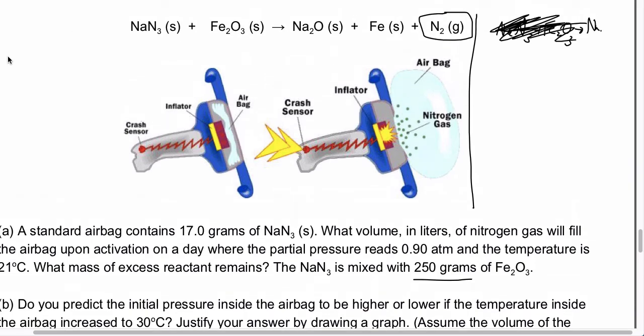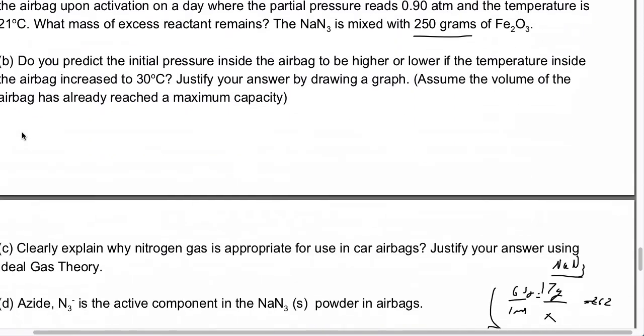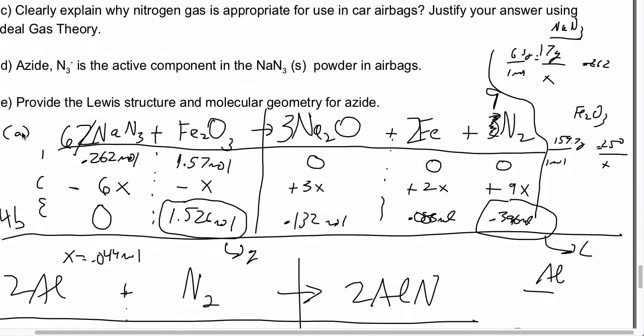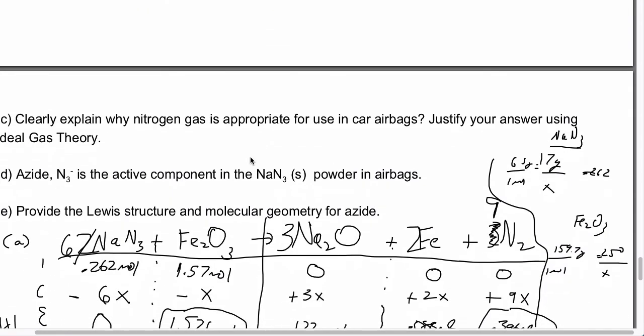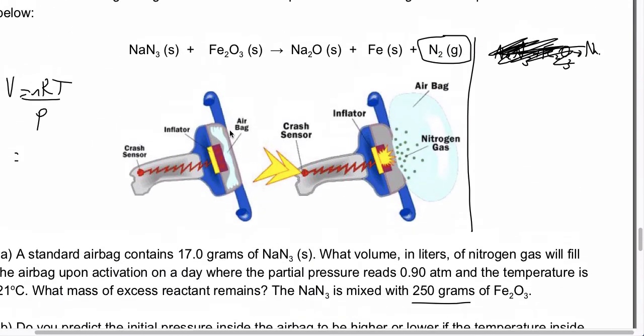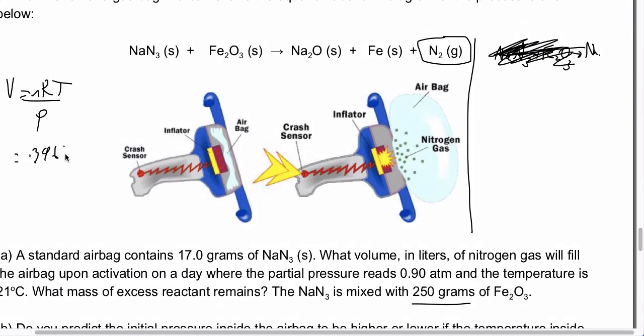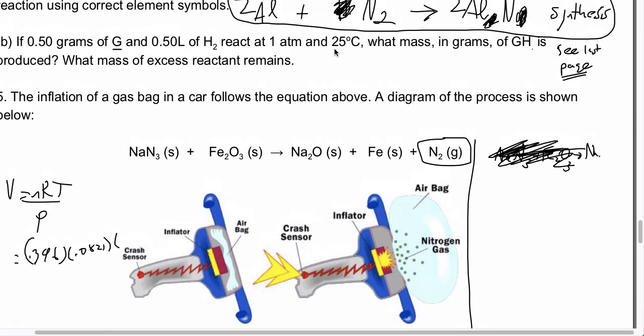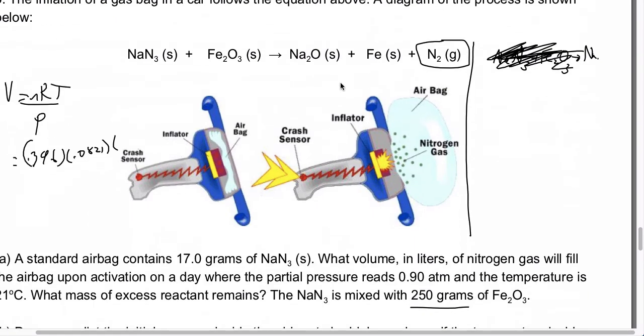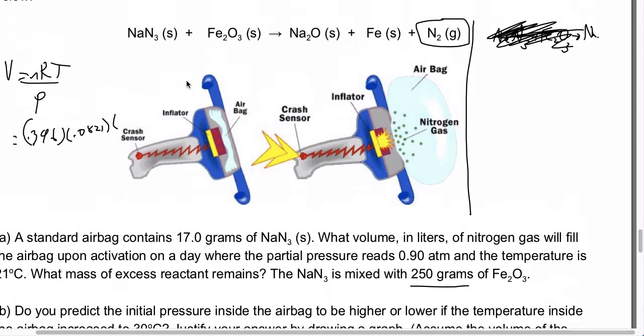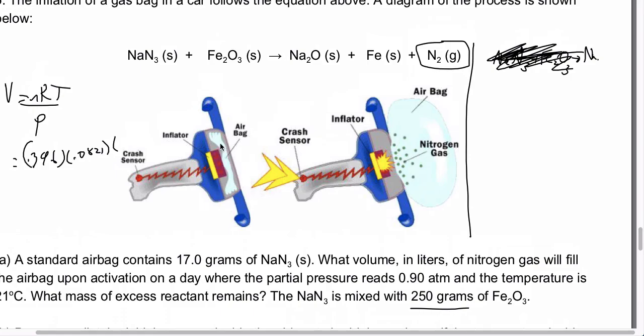Okay, so V equals nRT over P. V equals 0.396 times 0.0821, and T in this case is 21 degrees Celsius, so 294 Kelvin, divided by P, which is 0.90 atm.